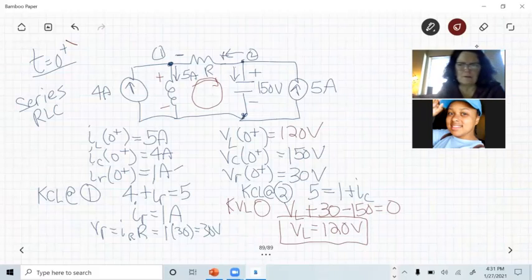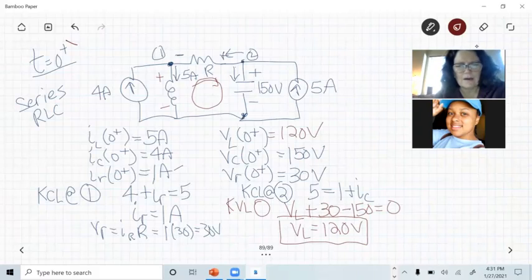Did I get that wrong? I have a sign error? I have a question. Yes, thank you. Do you have IC going down across the capacitor? If you have 5 amps going into node 2, and then you have IC going down, shouldn't IC equal 5 plus 1?